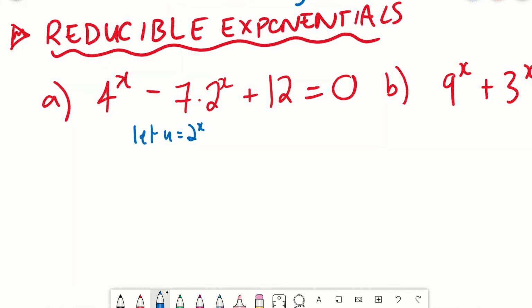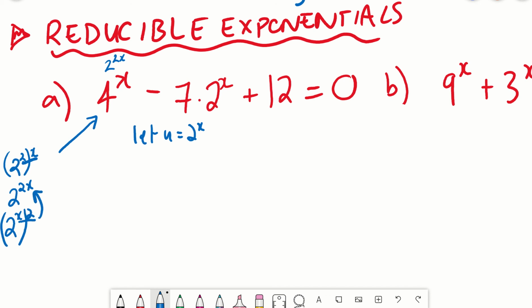If I do that, I know that 4 to the power of x is 2 squared, all to the power of x. Using my laws of indices, that becomes 2 to the power of 2x, which I could manipulate as 2 to the power of x, all squared, because that's going to give me the same answer anyway.